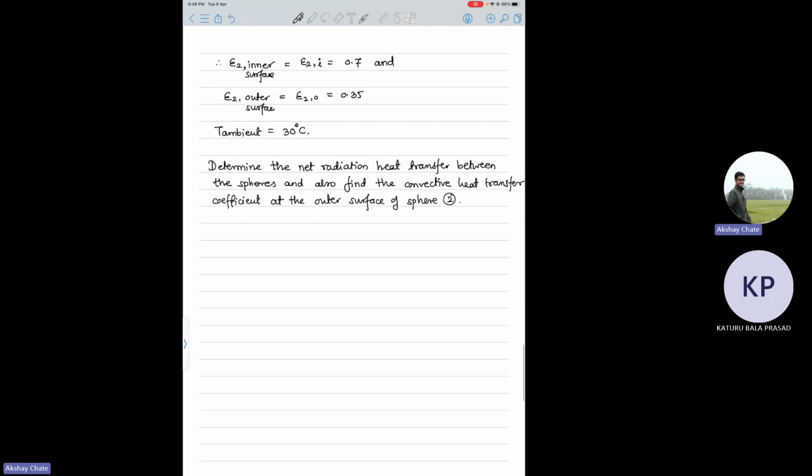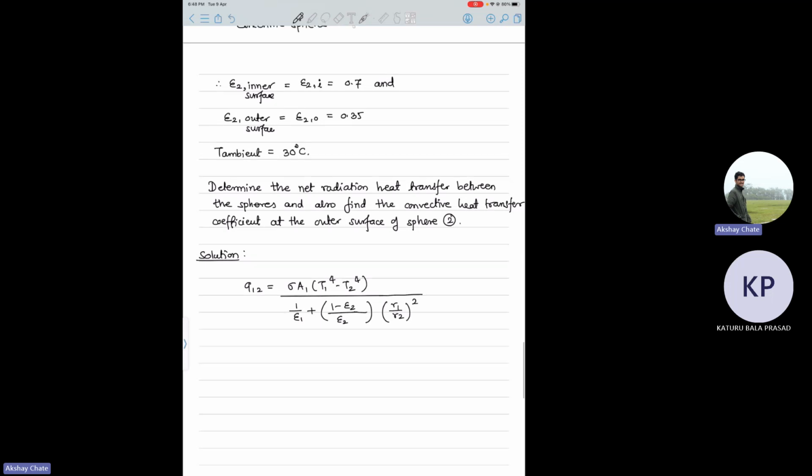So for the first part, nothing changes basically, because we have Q1 to 2 as sigma A1 (T1 power 4 minus T2 power 4) divided by 1 by epsilon 1 plus (1 minus epsilon 2) divided by epsilon 2 into (R1 by R2) whole square. So this R1 by R2 is nothing but D1 by D2, because if you take the ratio of radius or diameter, it will be the same. But here the trick is this epsilon 2, there are two values, right?